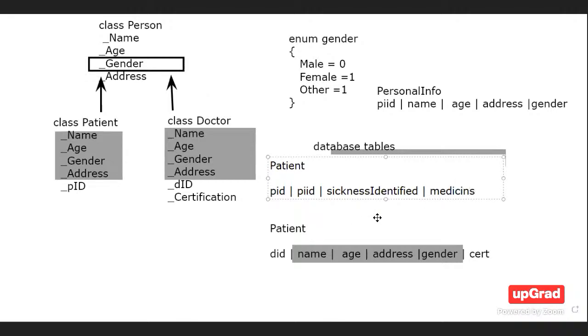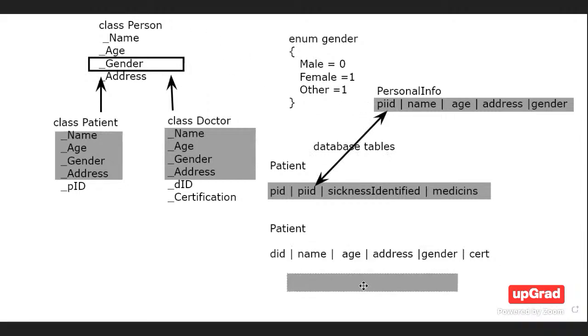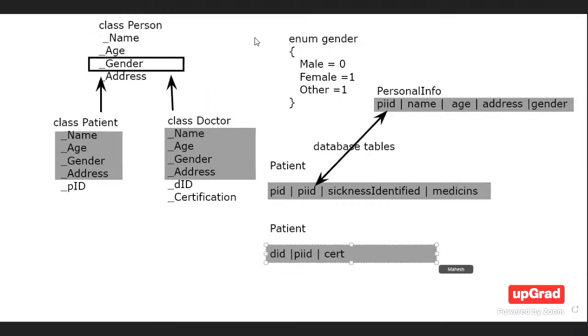So we can have this kind of information retained at the personal info level, and I can have these details referred out here. We don't have to go and maintain such details again and again. So I can get rid of this information and put the PIID over here one more time. The same PIID we can retain over here as well. That is how commonly maintained information can be kept.